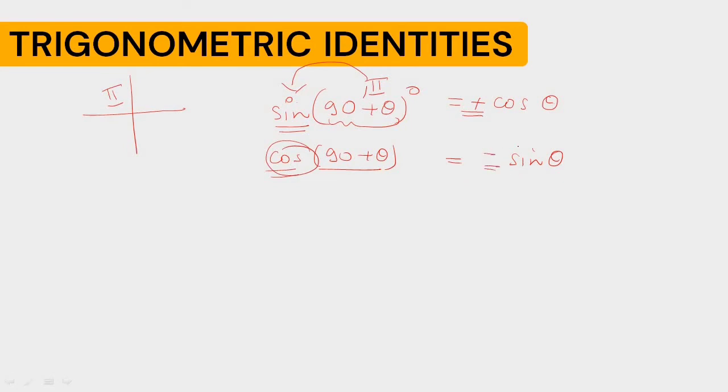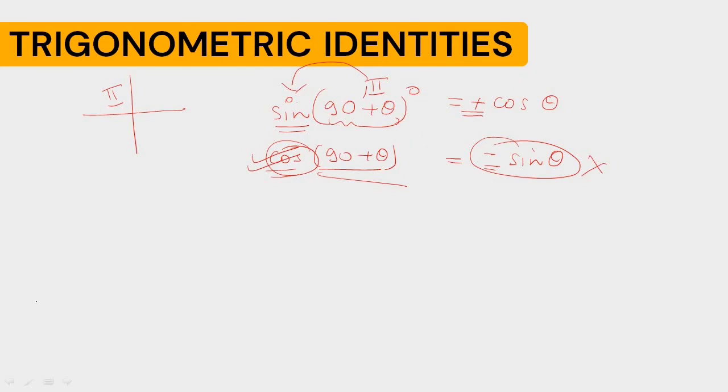So here it comes minus sin theta. Understood? So the value of plus and minus will depend upon this angle which we have studied in the previous slide, the value on which we are operating, not the value which it is coming to. Okay.